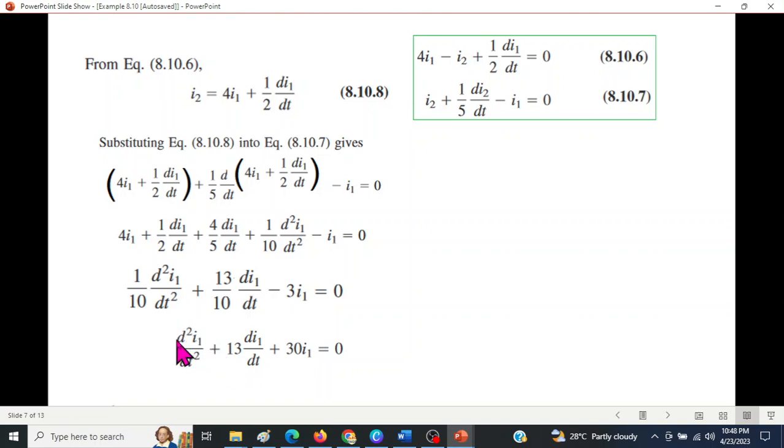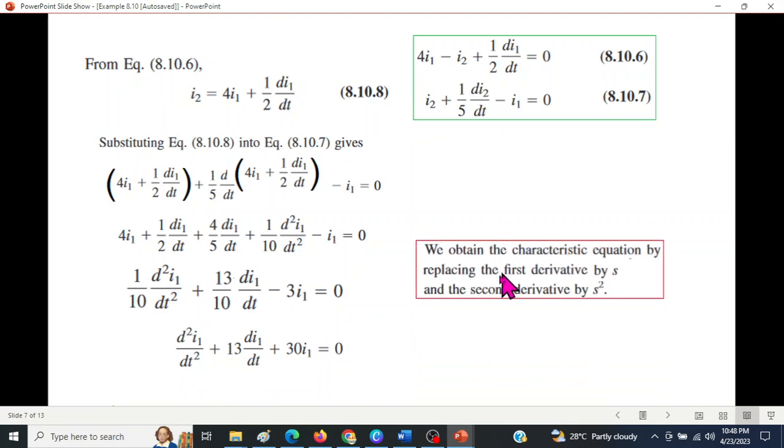Okay, now instead of writing d/dt or d square/dt square, we take a simplified approach. We replace them by s. We obtain the characteristic equation by replacing the first derivative by s and the second derivative by s square. So this we replace by s square, this we replace by s.